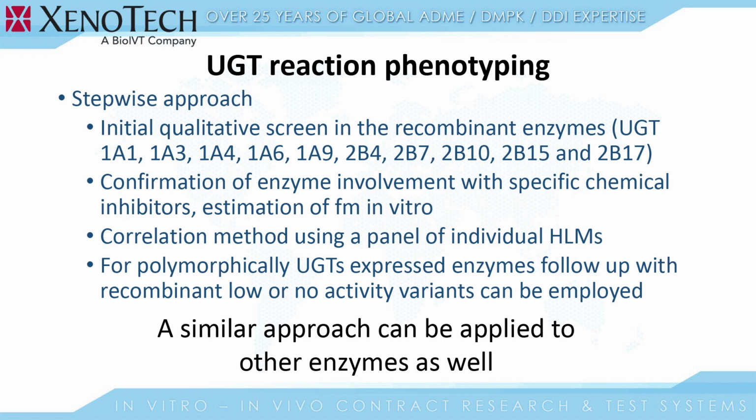For example, when investigating the role of CYP enzymes in the metabolism of a drug, these experiments are conducted in recombinant CYP enzymes to assess which CYPs have the potential to be involved in the metabolism of the drug. Additionally, experiments are conducted in human liver microsomes with and without the presence of specific chemical CYP inhibitors to assess which CYPs are involved in the metabolism of the drug. And this approach should be followed as closely as possible when investigating non-CYP enzymes as well.